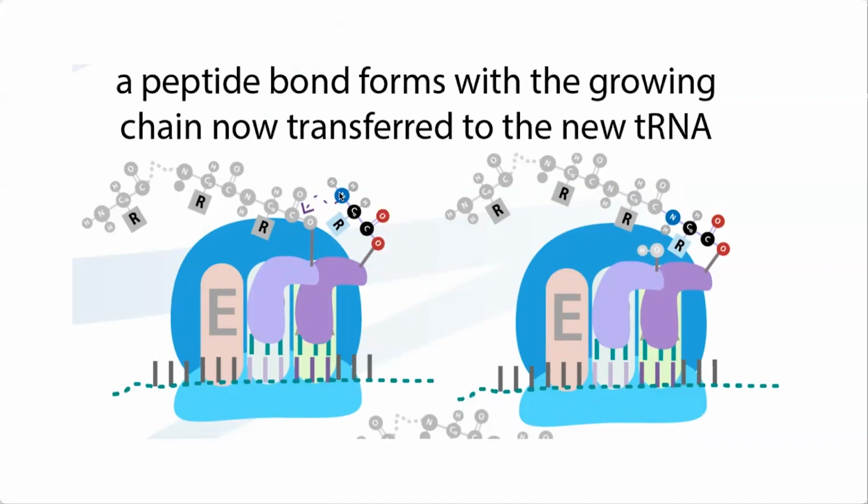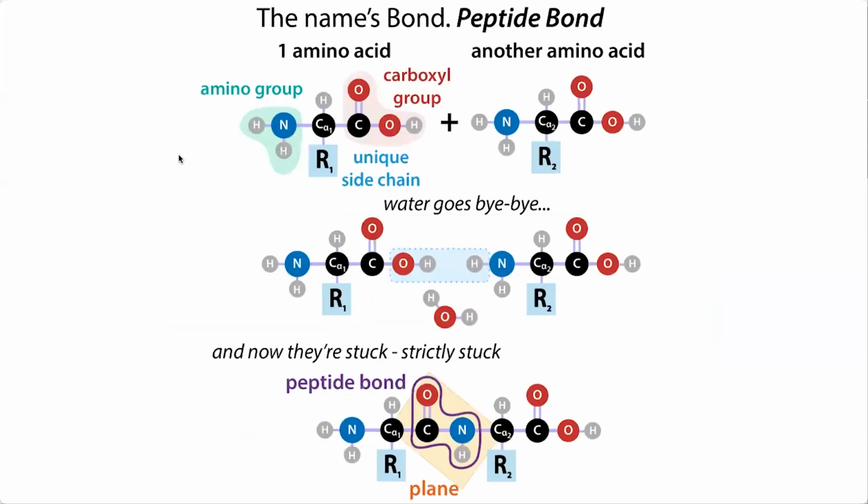Now what's going to happen is that this nitrogen nucleophile is going to attack this carbonyl carbon, and it's going to kick off this tRNA. So this tRNA is going to be our leaving group. So we are losing the equivalent of a water, but it's not happening in a simple one-step reaction like this.